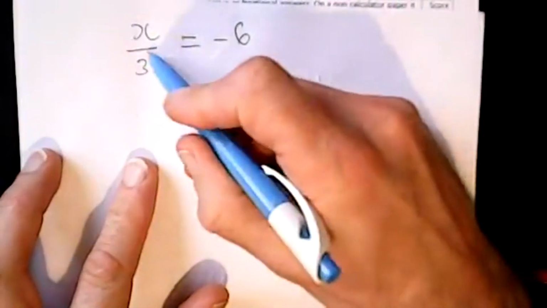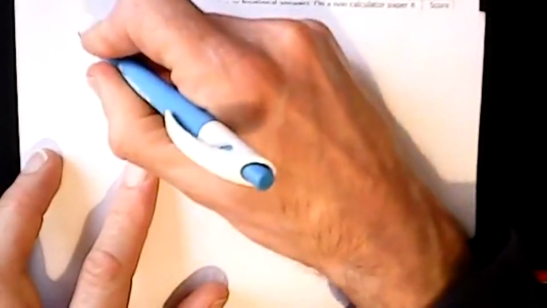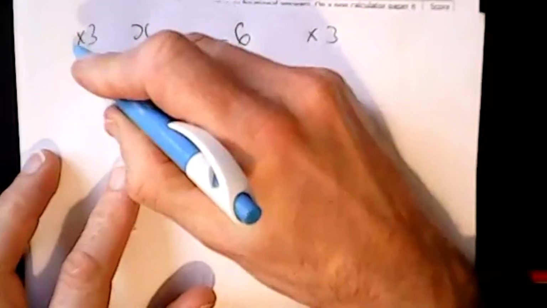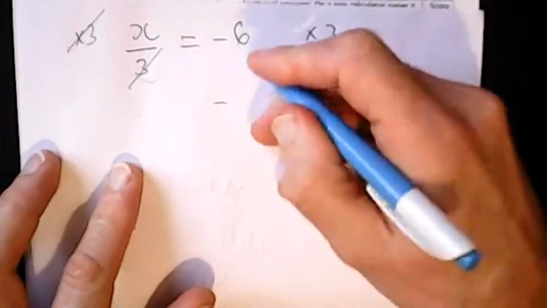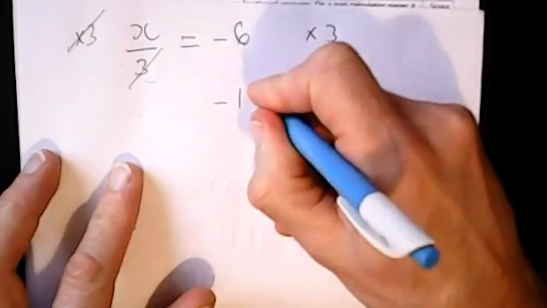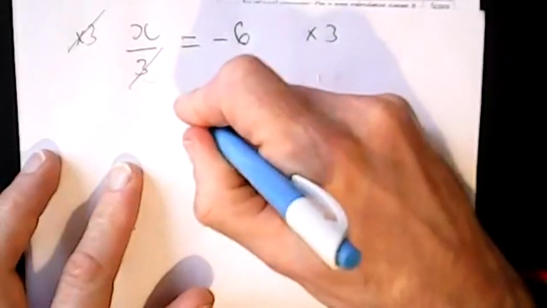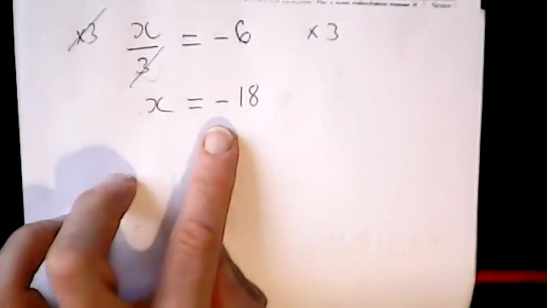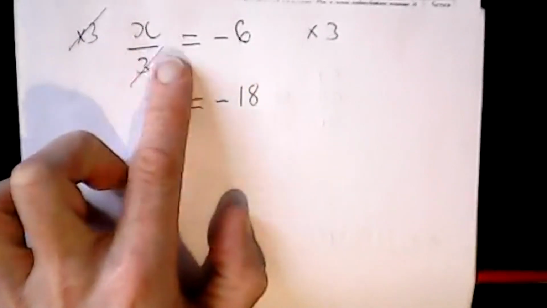So what we need to do here is we need to do the opposite function, and that's going to be a times by 3. But we must do that on both sides. So a times by 3 and a divide by 3 cancel, and then I've got 6 3s are 18, 6 times 3 is 18, is -18. So x equals -18. Okay, don't worry that it's a negative, the same principle applies.